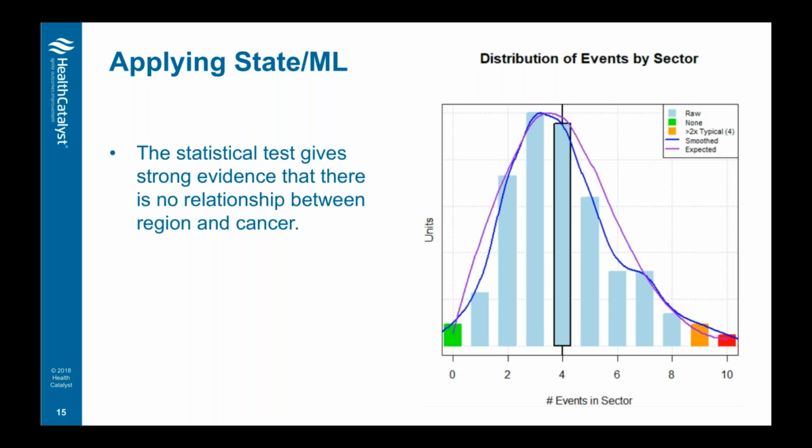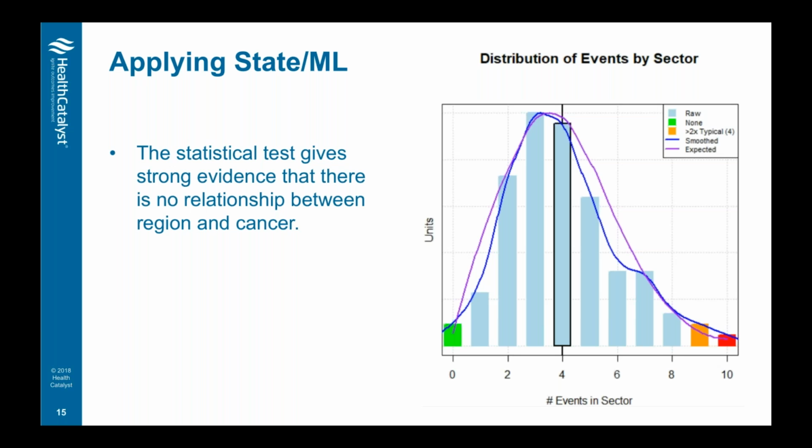You may remember that if a p-value is less than 0.05, we would say there's a 1 in 20 chance that what I'm observing could have happened by random chance, but 0.99 is about as close to 1 as we can possibly get, which is telling us that we can probably safely conclude that it's just due to random chance.